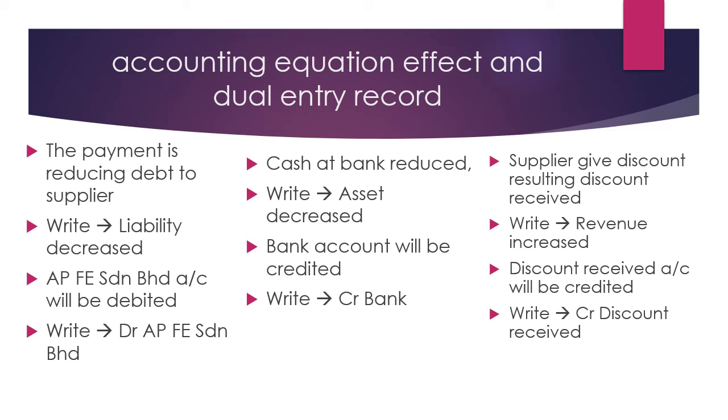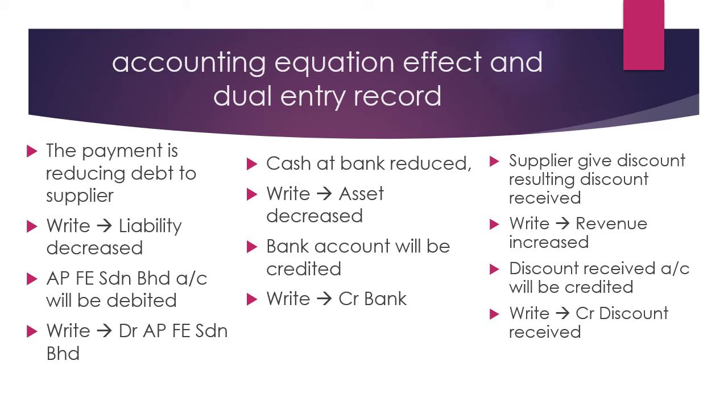You will look here, it looks like it's not a dual entry, I mean not two effects, but actually it involves four effects. First is the payment of 1,710, so you debit APF Berhad 1,710, and you will credit the bank account with 1,710.